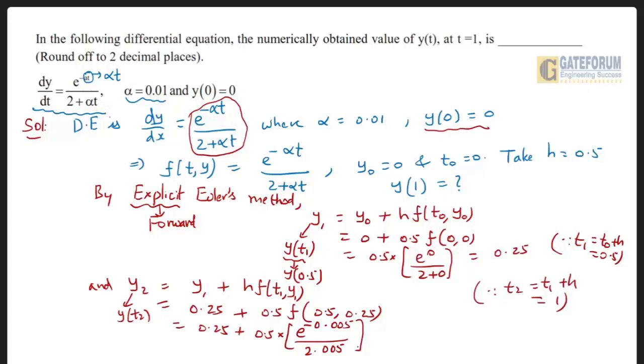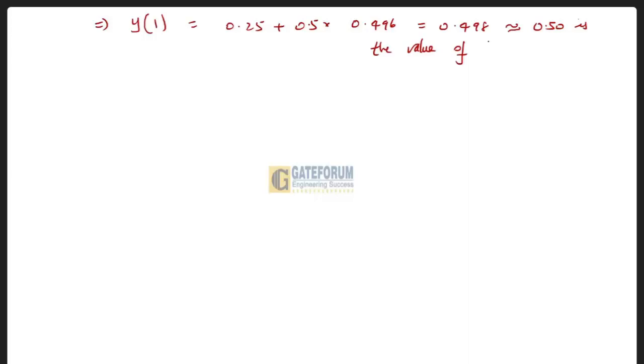So therefore y of 1 is equal to 0.25 plus 0.5 into 0.496, so that simplifies to 0.498, approximately 0.50 up to 2 decimal places as asked. This is the value of y of t at t is equal to 1. Okay. So this is the solution, 0.50. This is the end of the question.